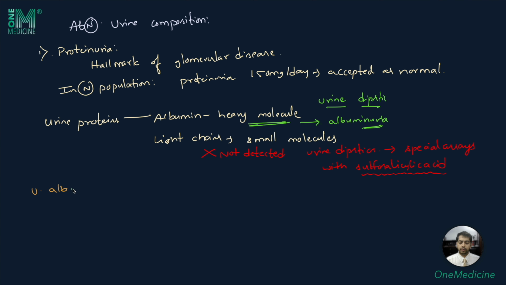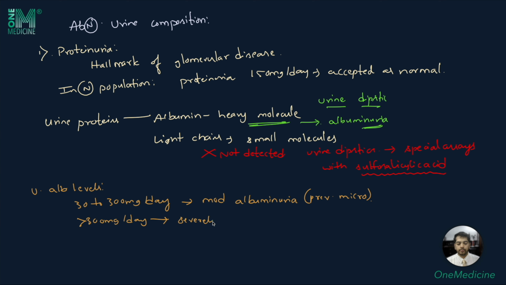Urine albumin levels of 30 to 300 milligrams per day is considered moderate albuminuria. This was previously called microalbuminuria, and urinary albumin levels of more than 300 milligrams per day is considered severely increased albuminuria, which was previously called macroalbuminuria.